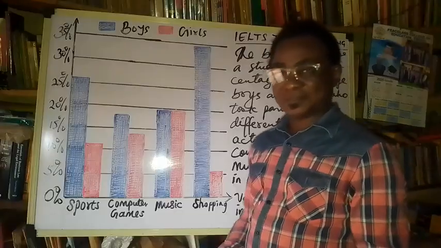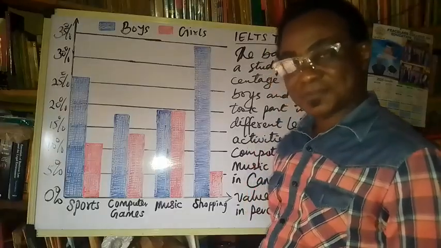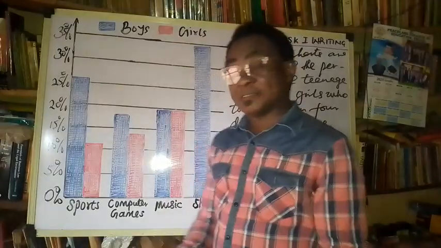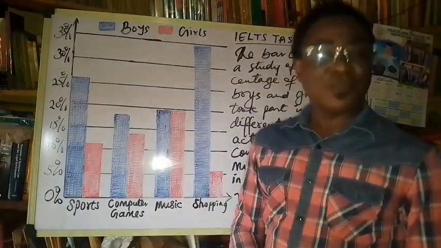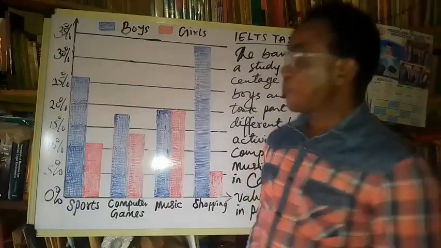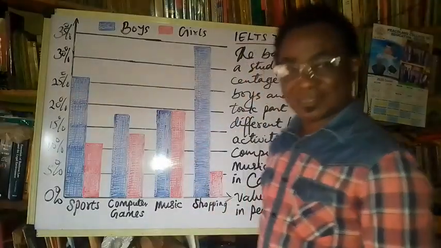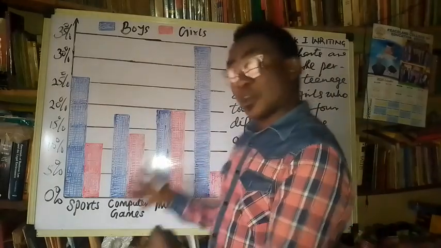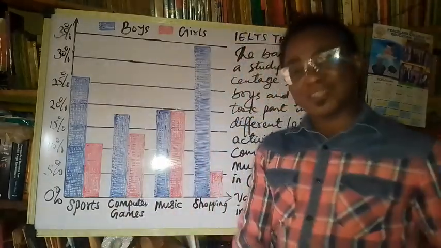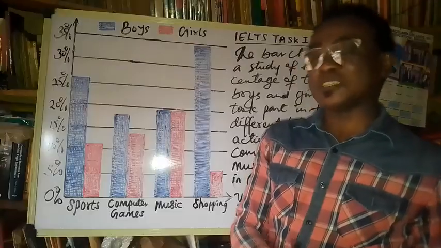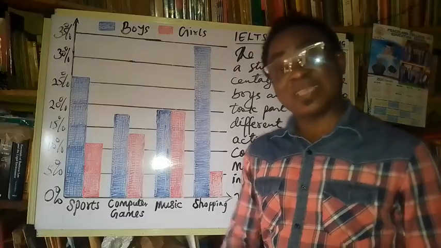That's the comparison we are to make. In making or writing this overview, figures are not to be quoted. It is after we've done with the overview that we now move into the third paragraph, which is the first main feature.